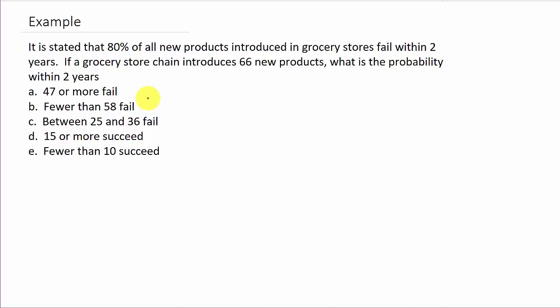So in this problem, failing, that's the probability of a success. So the product to fail is a success. But notice these problems down here, it's the probability 15 or more succeed, fewer than 10 succeed.